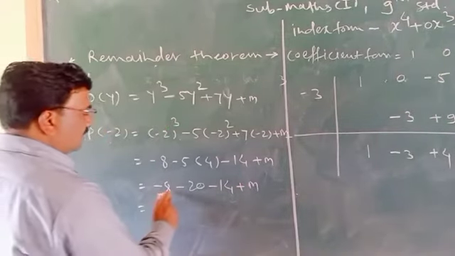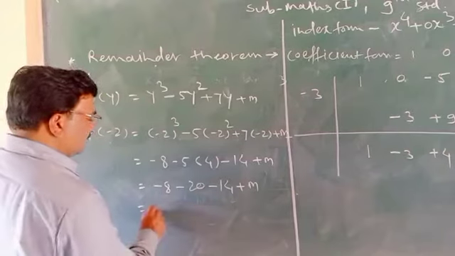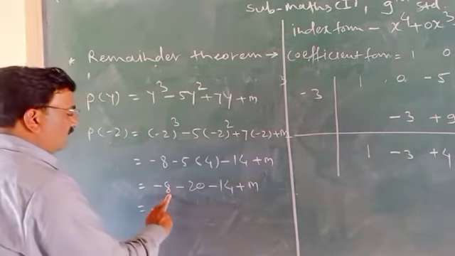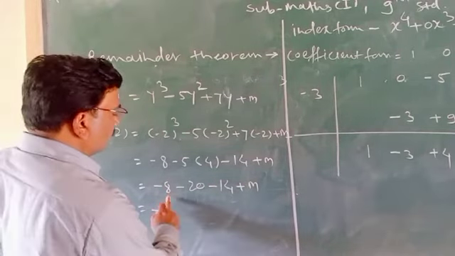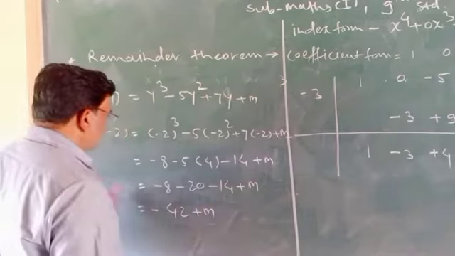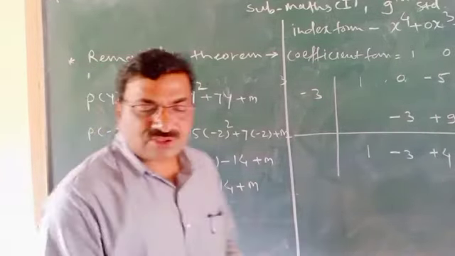Then minus 8 minus 20 minus 14: 14 plus 20 is 34, and 34 plus 8 is 42, so minus 42 plus m.